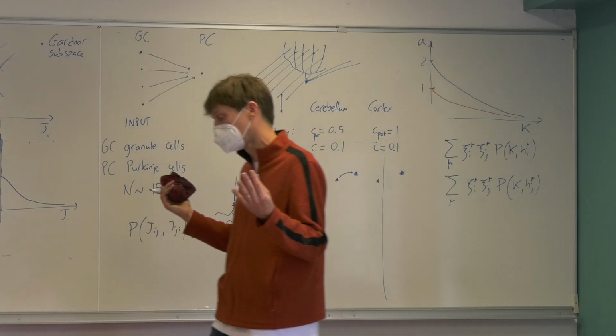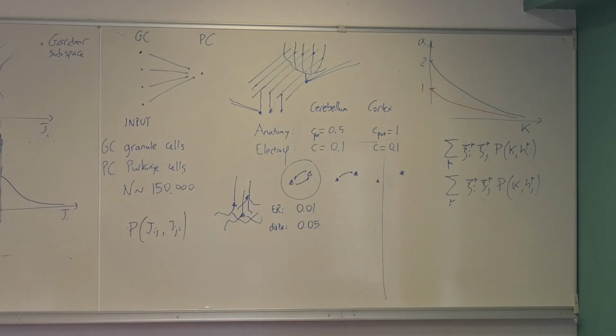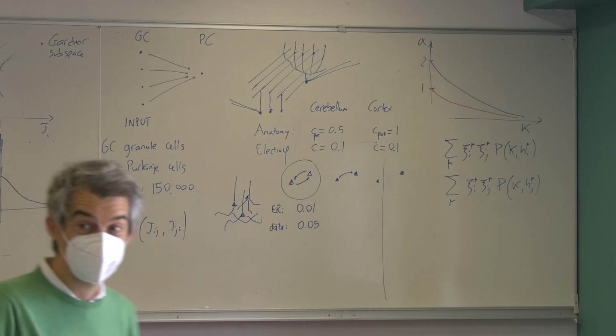So that's an additional piece of evidence that the network is close to one that maximizes the robustness of stored information. So I think I should stop now. Questions?